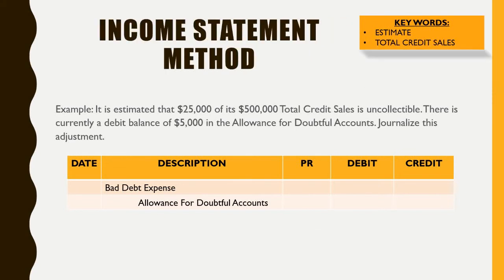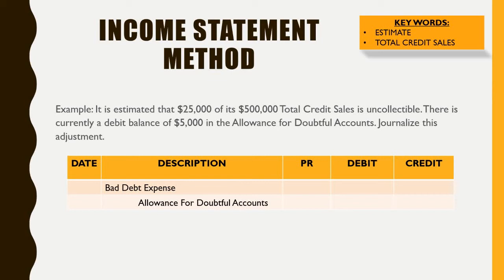So now I'm going to introduce you to the income statement method. When we take a look at an income statement, the income statement only comprises your total sales, your cost of goods sold, and all of your operating expenses. Nowhere on the income statement will you ever see the allowance for doubtful accounts.